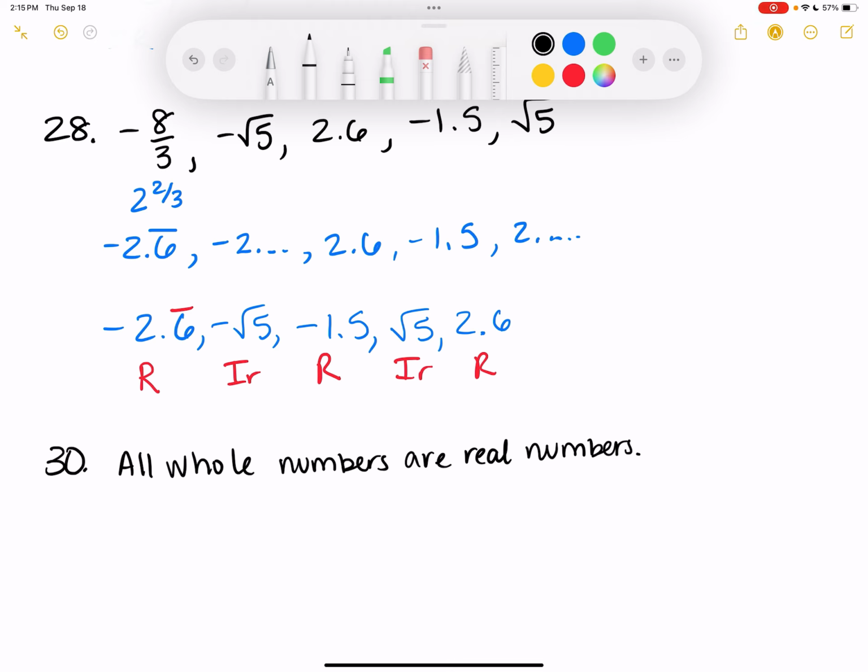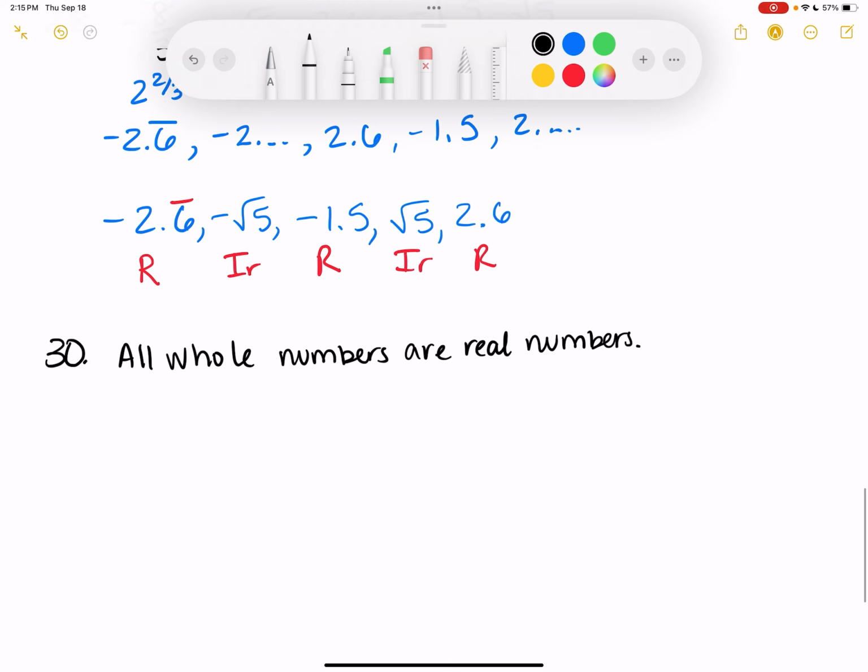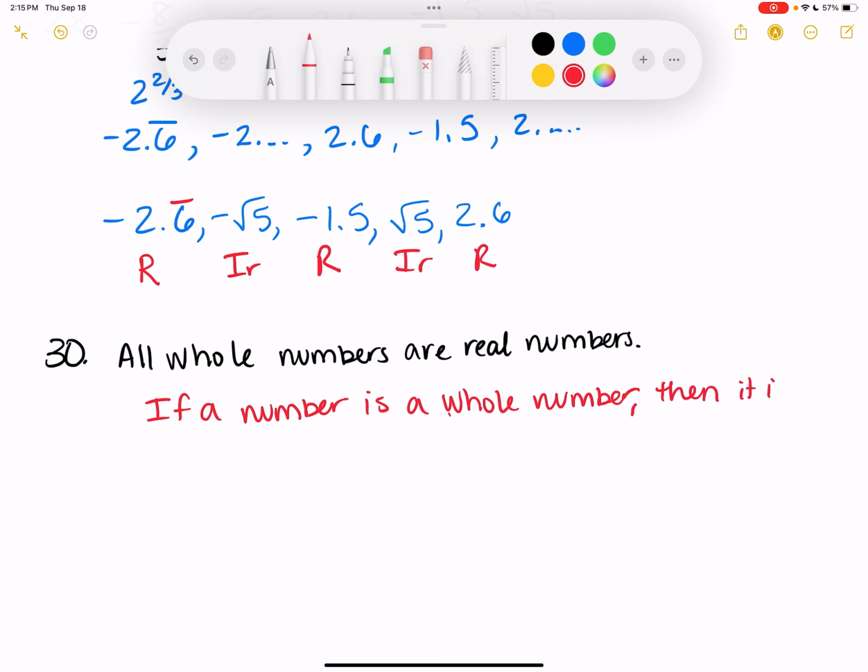Well, we have to write it in if-then form. If a number is a whole number, then it is a real number. Now, is that true? Yes. So we would write true.